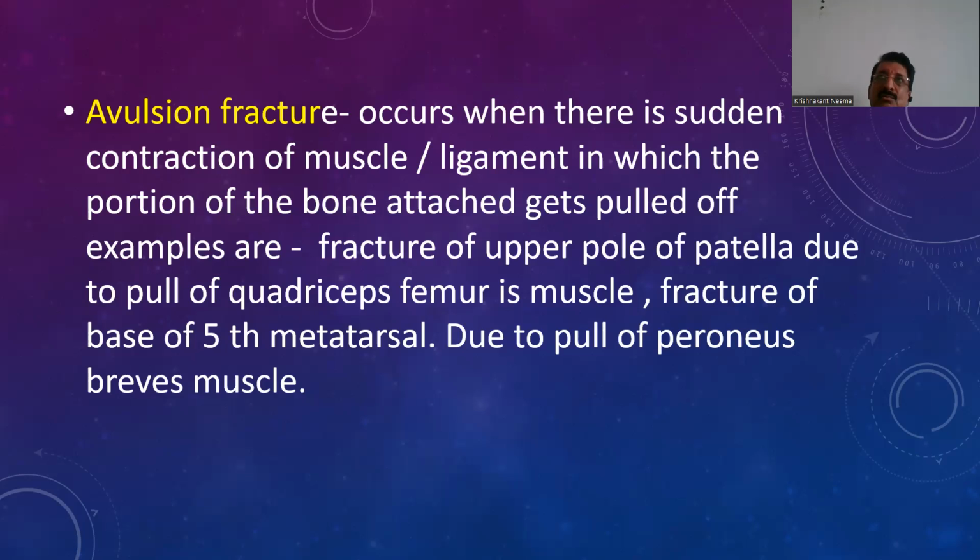They fall down, their ankle gets twisted, there's pain on the outside of the ankle, and there can be a fracture of the base of the fifth metatarsal, called Jones fracture. This is also an avulsion fracture.